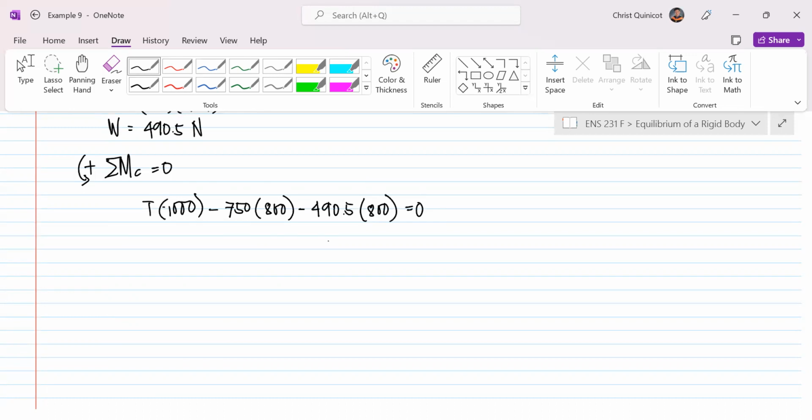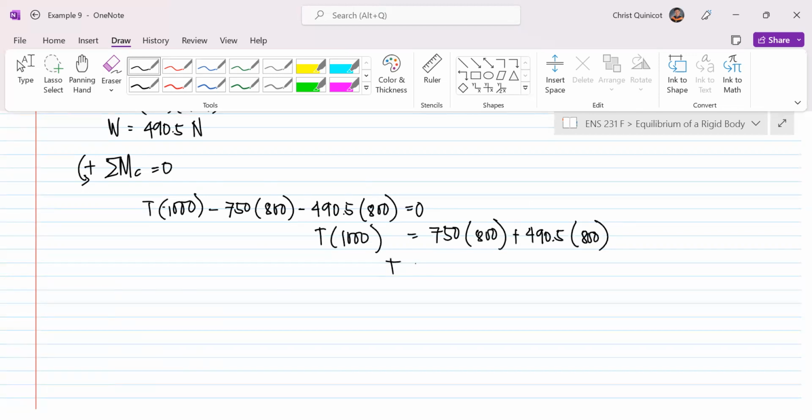So this becomes T times 1,000 is equal to 750 times 800 plus 490.5 times 800.